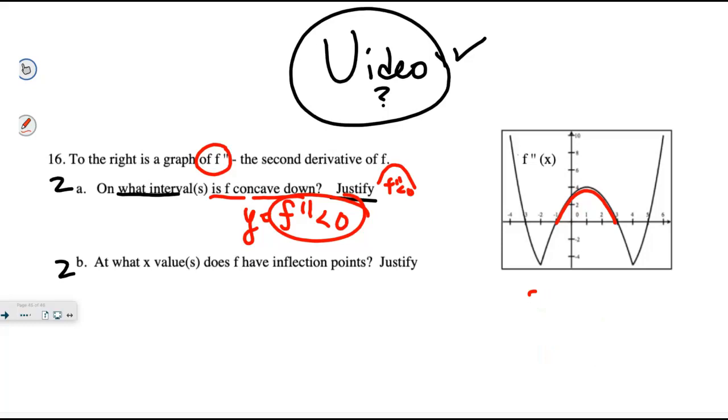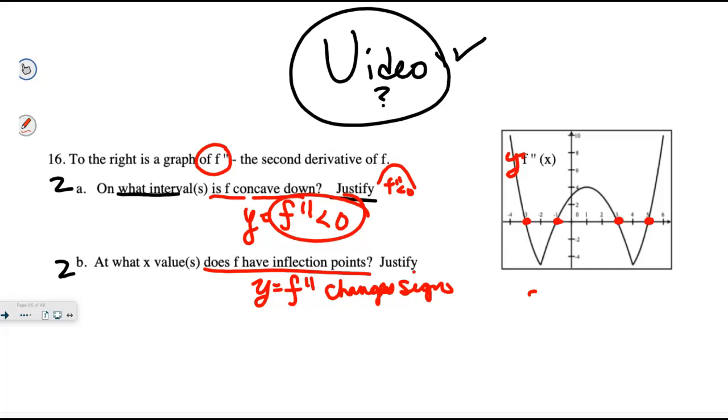Where did f have inflection points? What happens at inflection points? f double prime equals 0 or doesn't exist and changes sign. So basically, f double prime is my y-axis, and I need f double prime to change signs, not my y-axis, my y values. f double prime changes signs here, here, here, here.